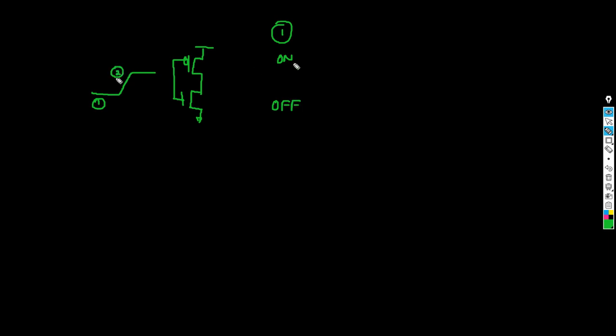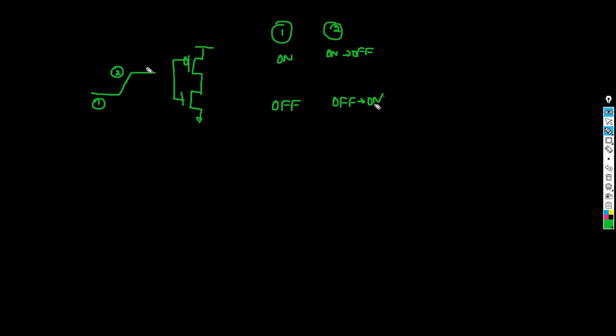Now, just remember this particular thing. Say when your signal is something like this. Okay. Now, during state one, the PMOS is going to be on and this is going to be off. And during transition two, this is going to go from on to off, and this is going to be turning from off to on.